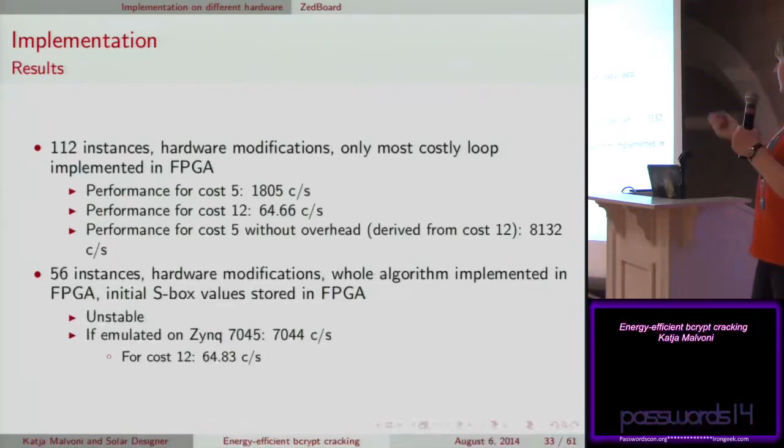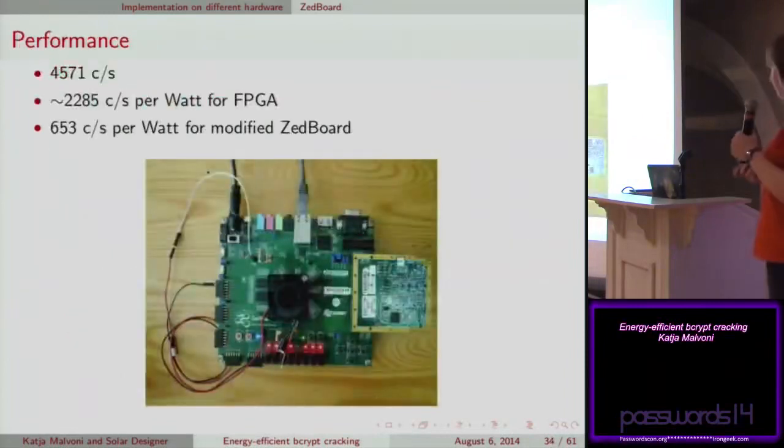So indeed, those two designs perform the same. This is the look of the board, with a huge heatsink, lots of wires, capacitors and stuff. And this is actually the design that's stable and which works.